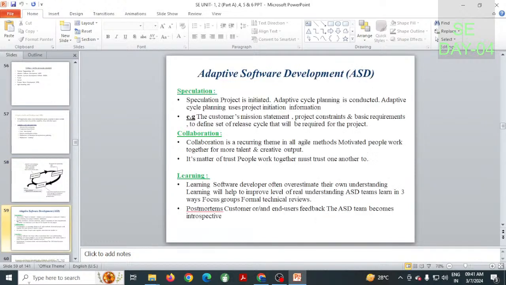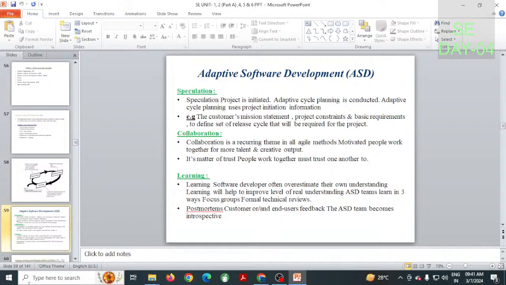After discussion of speculation and collaboration, we are now in the third phase in the life cycle of adaptive software development, which you can call learning. In this phase, learning will help to improve the level of real understanding for adaptive software development teams.